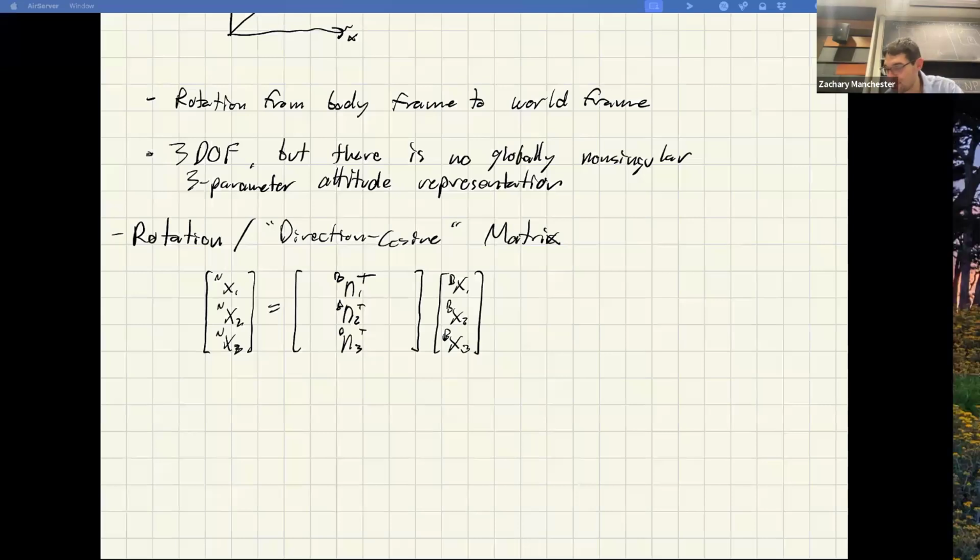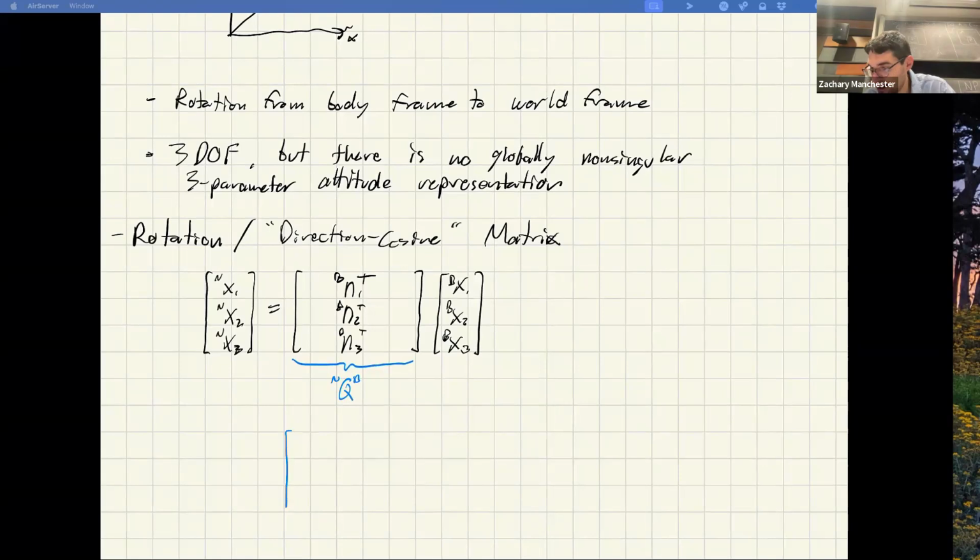So now I should write down, this is our Q, B to N. Now the question is, what are the columns? You can get at this by thinking again about the definition of matrix multiplication. The columns are doing the same stuff, but each column is associated with an element of the vector on the right.